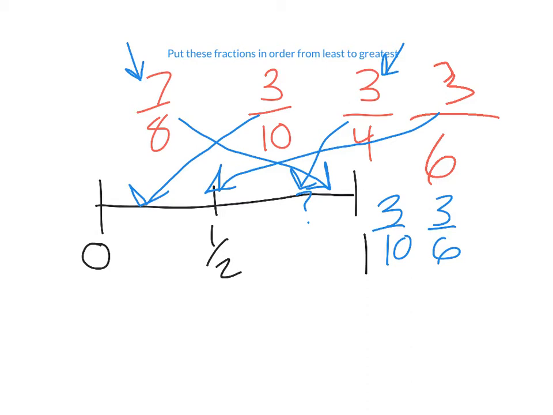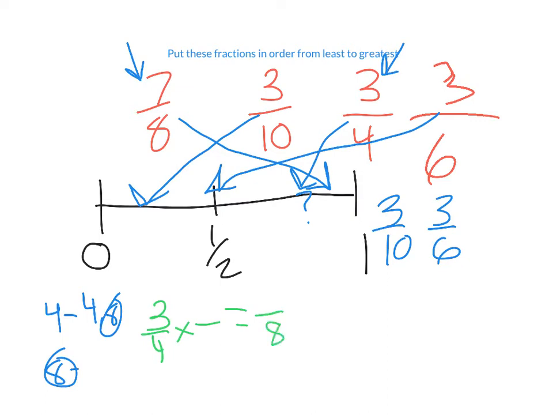So 3/4, I need to find the common denominator for 3/4 and 7/8. So 4, 8, well, I can stop there because I already know 8's are in common. So I will take my 3/4 and I'm going to multiply that to be over 8. 4 times something will give me 8.